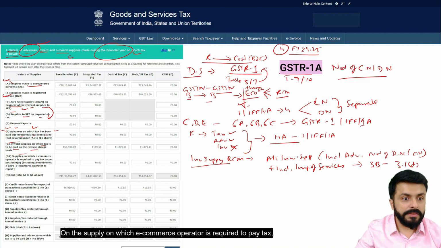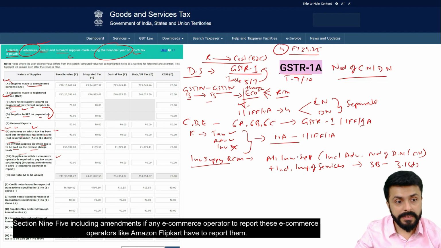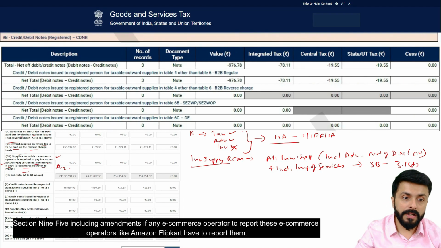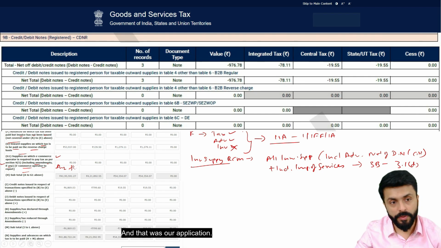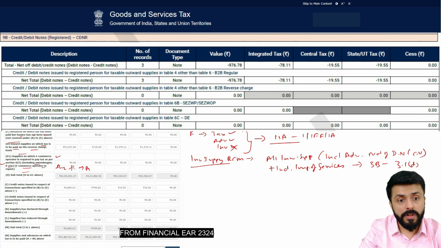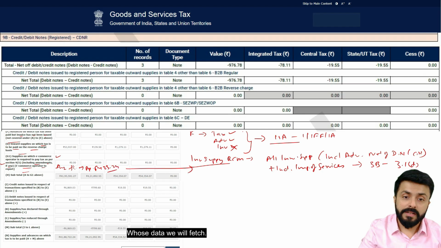On the supplies on which the e-commerce operator is required to pay tax under section 9(5), including amendments if any, e-commerce operators like Amazon and Flipkart have to report them. That was applicable from financial year 23-24, whose data we will fetch.